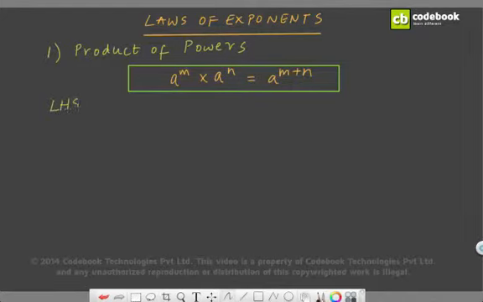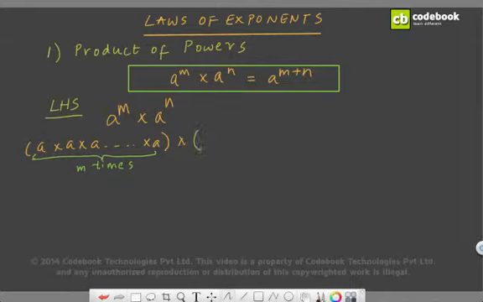So let's start with the left hand side. The left hand side is a raised power m multiplied by a raised power n. Let us expand the left hand side terms. The first term is a raised power m, so it's a multiplied by a, so on, m number of times.